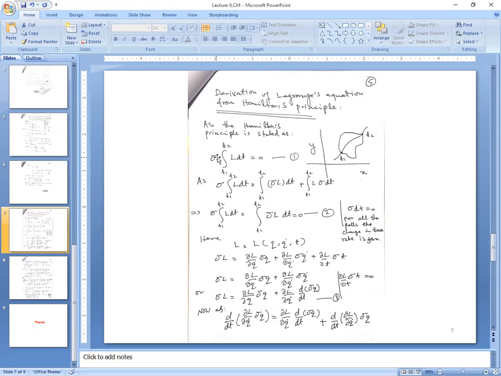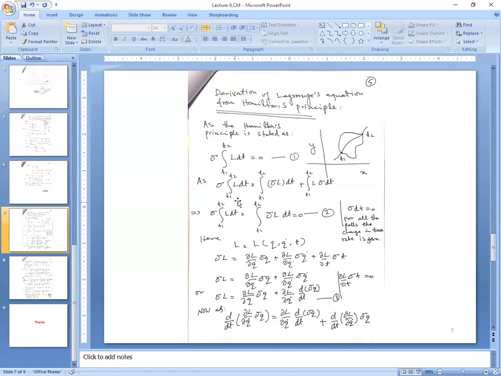As we know, if a system is transferred from one state at T1 to another state at T2, we have Hamilton principle, that is delta integral of L dt is equal to 0 from T1 to T2. This is the famous Hamilton principle.